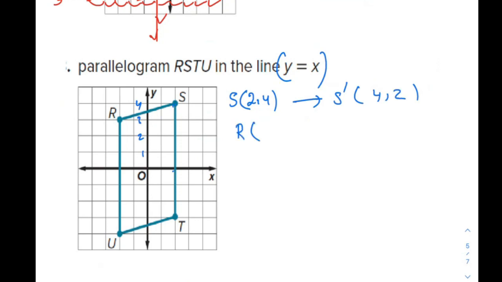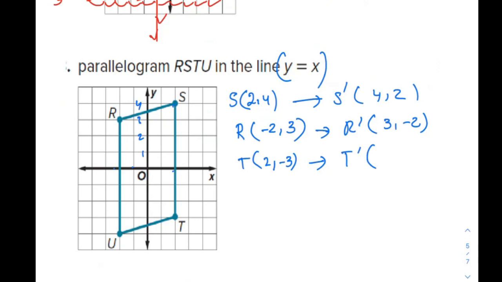R was at -2 and 3. So R prime is 3 and -2. T was at 2 and -3. So T prime is -3 and 2. U was at -2 and -4. So U prime is just interchanging.